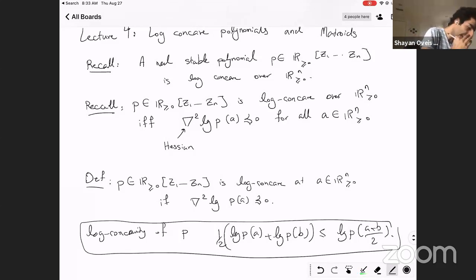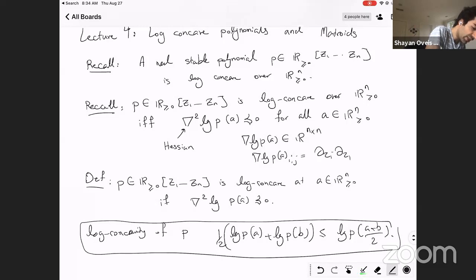Remember, the Hessian of log of P at A is an n by n matrix, and the ij coordinate of this matrix is equal to partial z_i partial z_j of log of P, evaluated at z equal A. You want this matrix to be negative semi-definite.